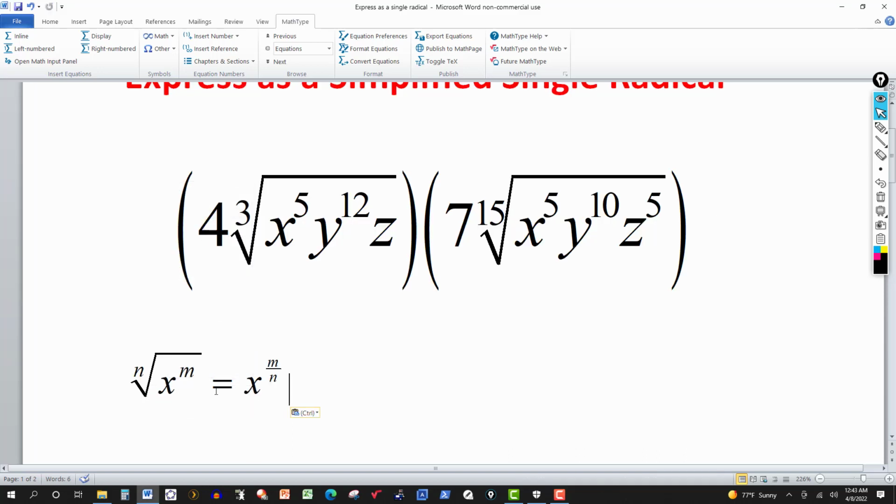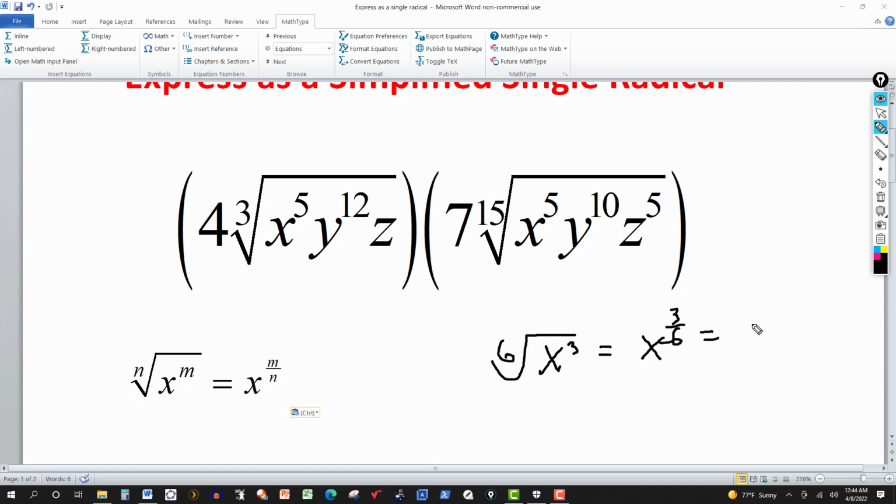So we have this formula for radicals. You have the nth root of x to the m, and you can express it as x to the m over n. So if you have, say, the 6th root of x to the 3rd, you can go from a radical to an exponential and write this as x to the 3 over 6 power.